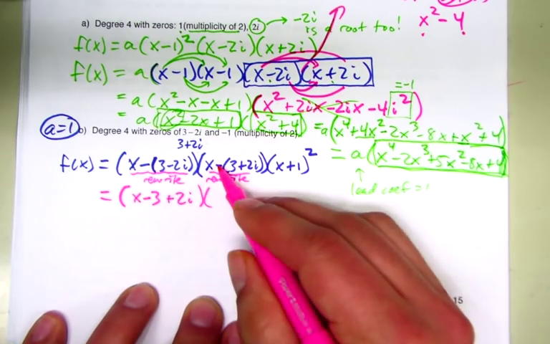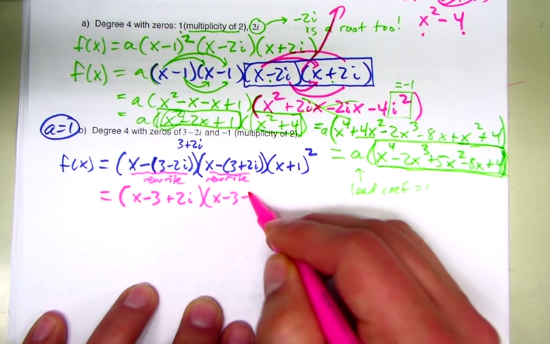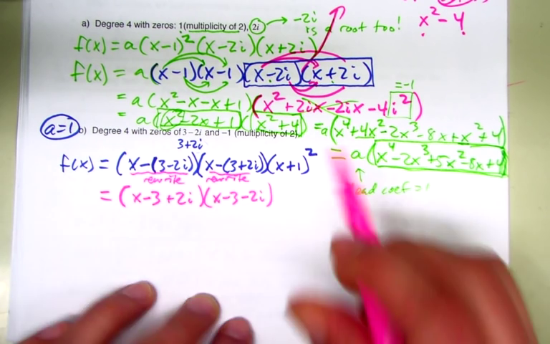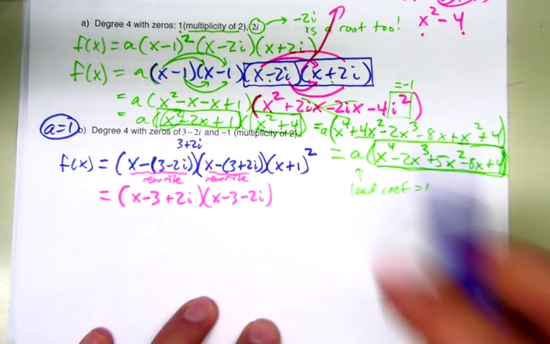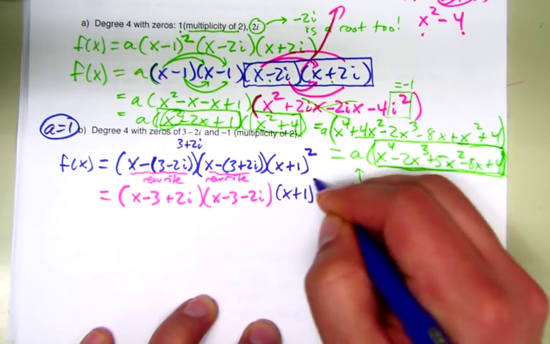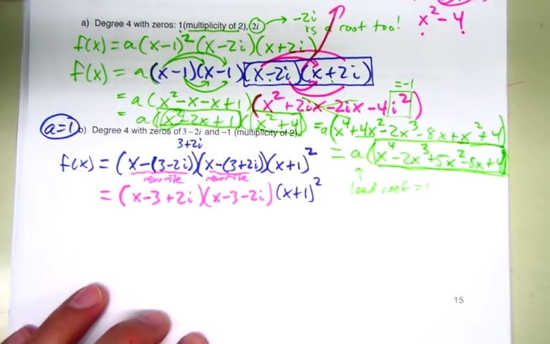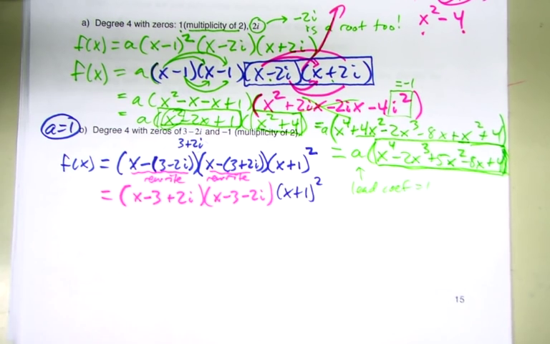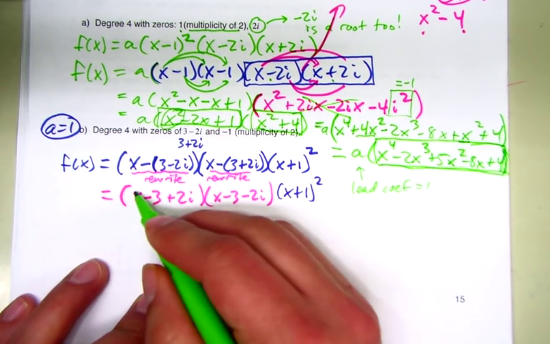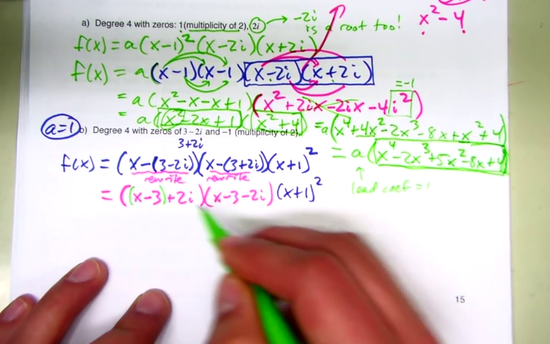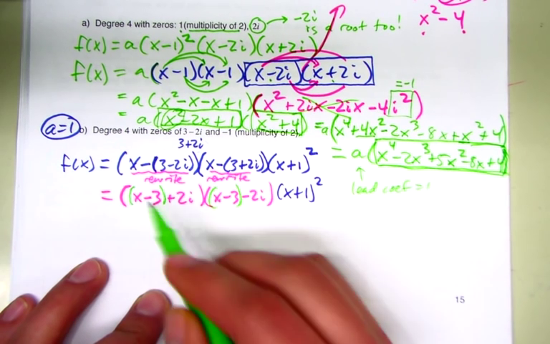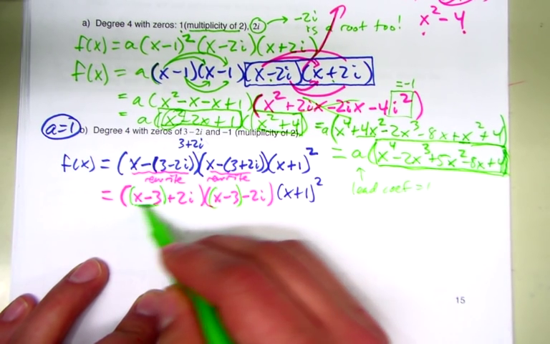Same thing here, distribute the negative. For now, we'll just leave x plus 1 alone. And now here's the final piece. After you distribute the negative, put parentheses around the x minus 3, the first two numbers here, and consider this its own term.